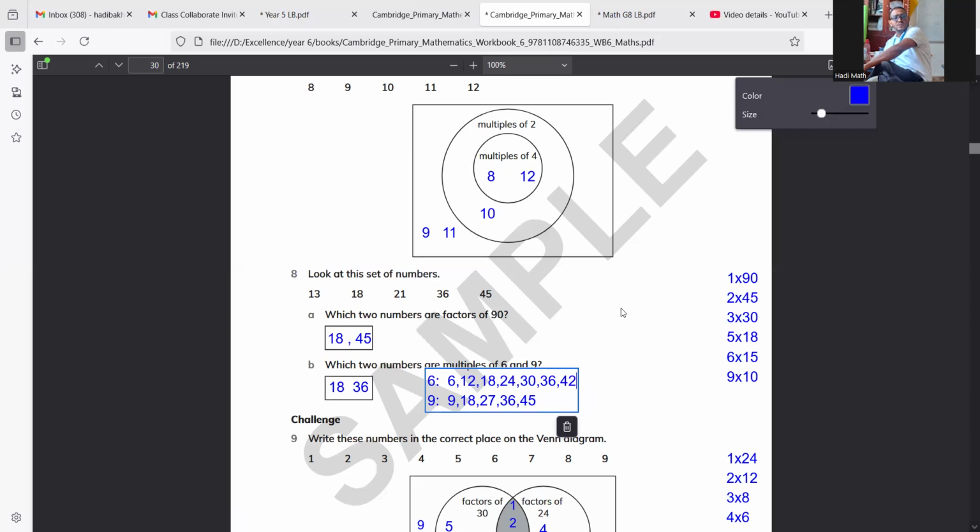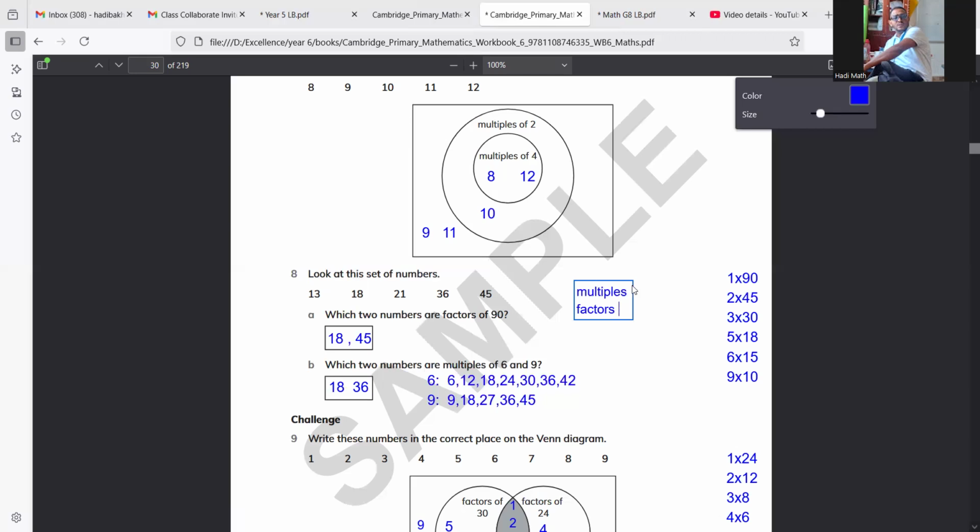Most of the common mistakes by most of the students, they what? They get confused between multiples and factors. Most of the students make this mistake.